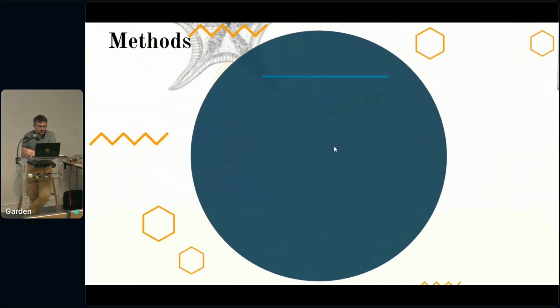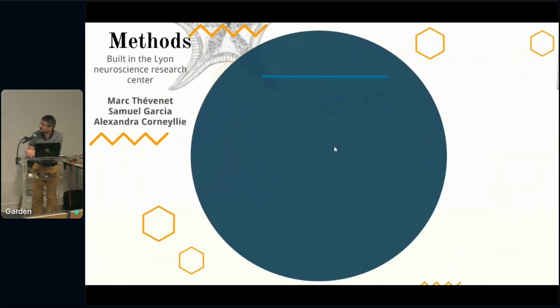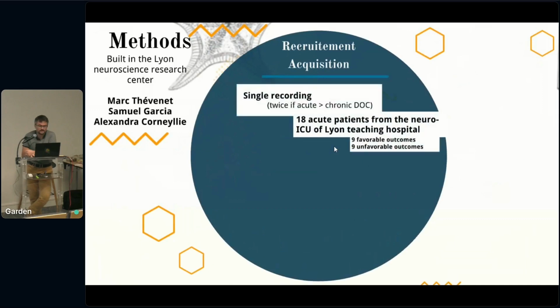So we'll now focus more on the methods, which were developed here in this laboratory thanks to several engineers, Marc Thévenet, Samuel Garcia, and Alexandra Corneyllie. So we had recruitment thanks to the acquisition system which was developed to co-register all these metrics.